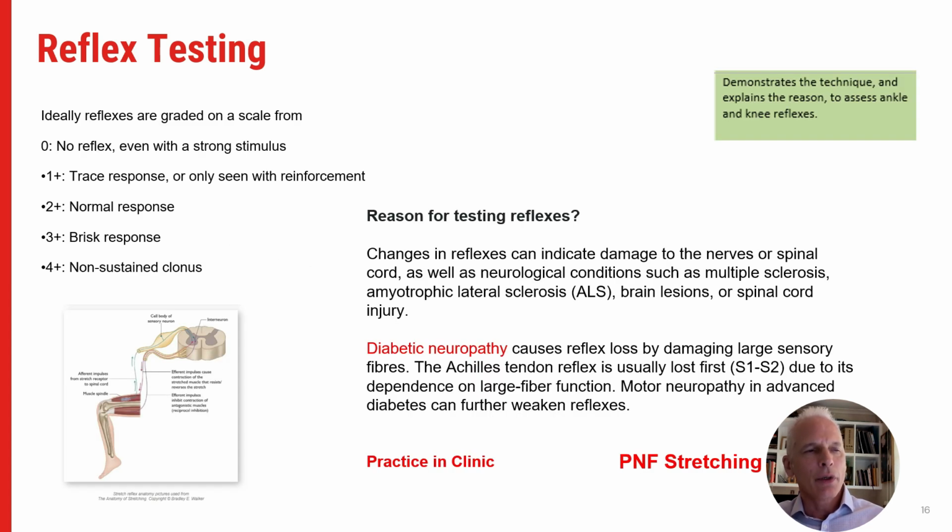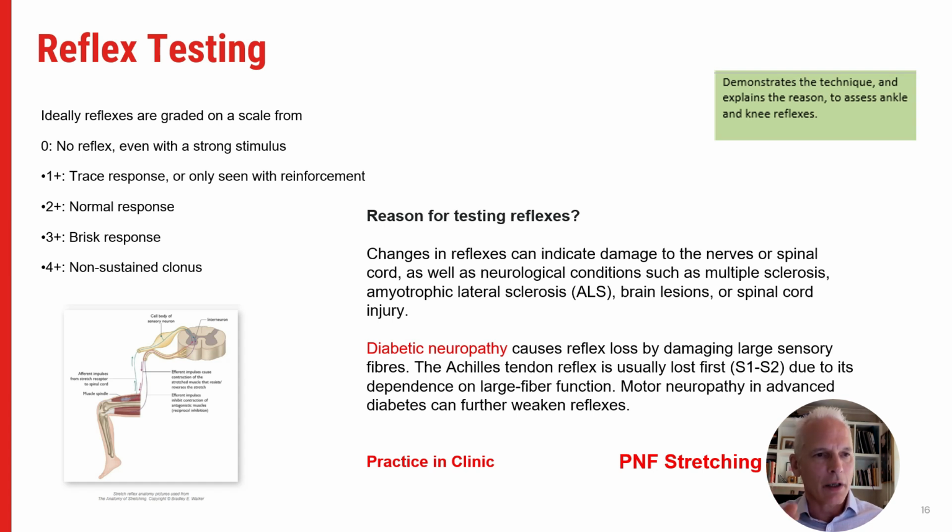If you get very good at reflex testing, and this takes a lot of practice, then you can actually start to grade your reflexes. So no reflex, that's fairly easy. At the other end of the spectrum is a grade 4 reflex, where there is not only a really strong hyperreflex, but the foot will also go into clonus.